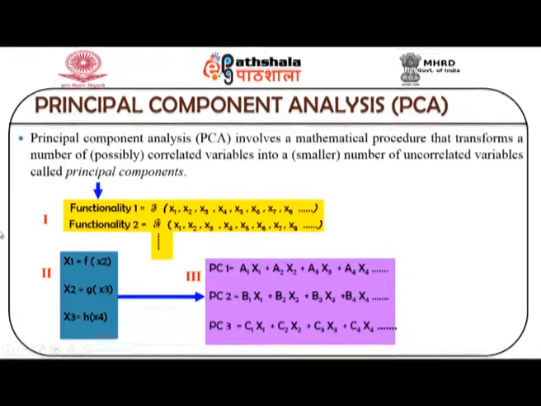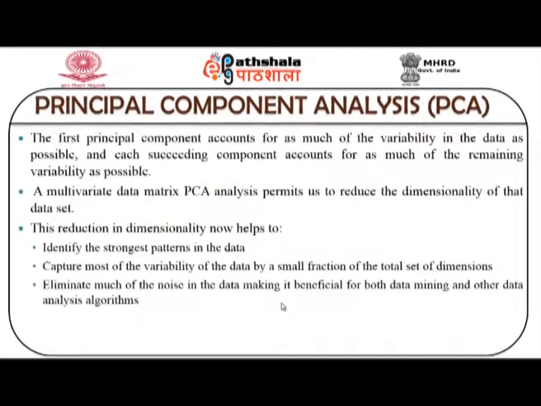If you look at the data set, you have functionality 1 which is represented by x1, x2, x3 up to x8, and similarly you have functionality 2 with various data. Now, the entire data set can be transformed in another way by applying PCA, so that the entire dimension of the data is reduced.